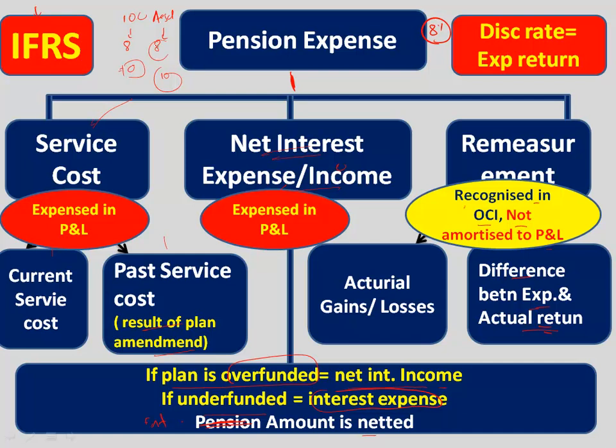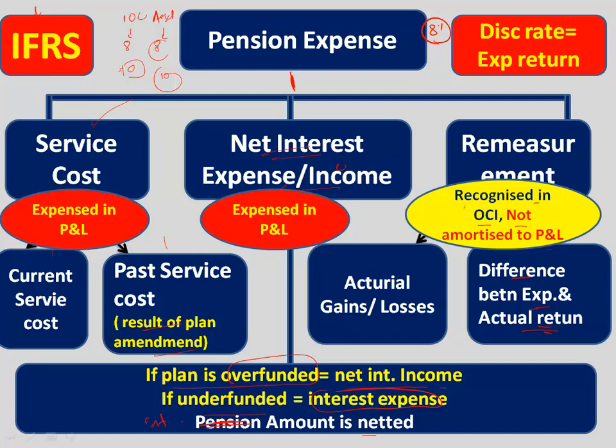Expected return is your discount rate in IFRS. But PPO grows by the pension expense only, right? No, not all components of pension expense. This is okay. If it's your flowchart, I should call this as pension related expense. See, not necessary that all these are directly increasing your liability, but these are all pension related expense.